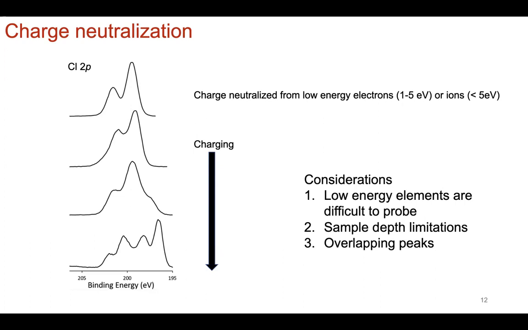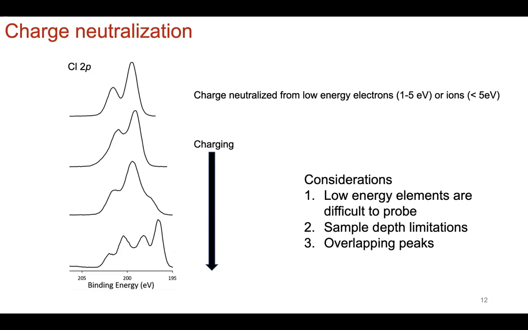And so what can be done there to mitigate these issues is you basically charge neutralize. You have a charge neutralizer that if there are charges that are coming off, you can then just basically evacuate those charges. And that is pretty effective operationally.